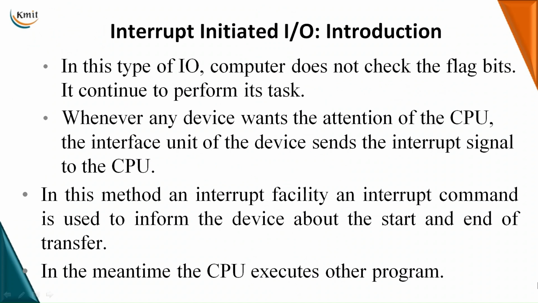Coming to the introduction of interrupt initiated IO. In the previous lecture, we have already discussed programmed IO. In the case of programmed IO, the main disadvantage is that the CPU of a particular computer has to keep on checking the flag bits of the corresponding interface unit in order to determine if there is any data that has to be transferred from the interface unit of the device to the memory unit of the computer.